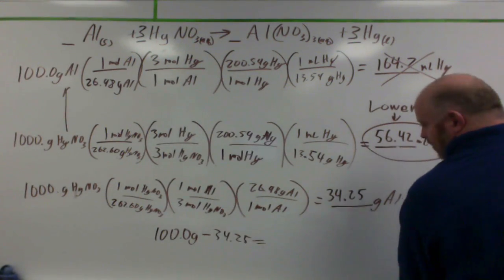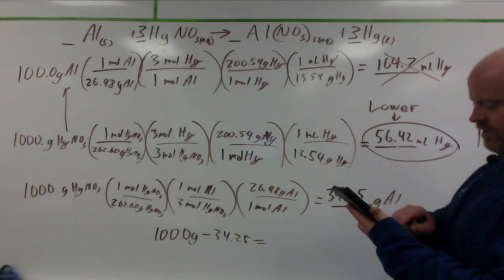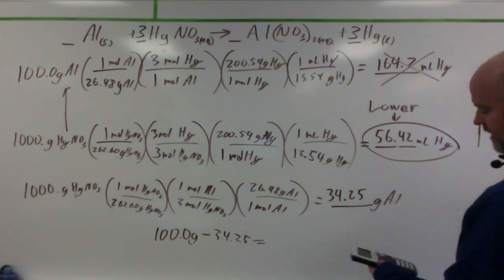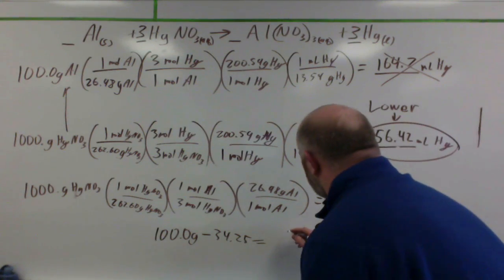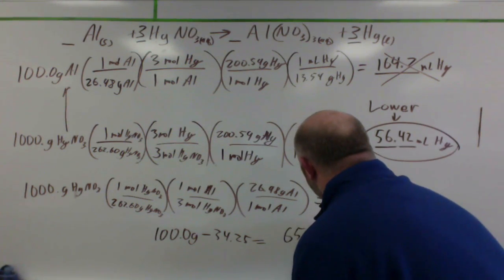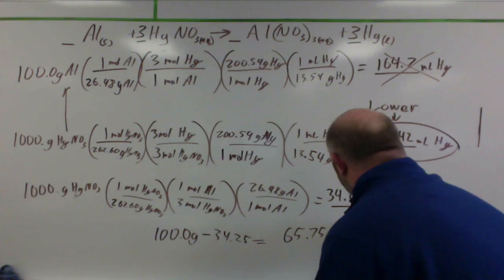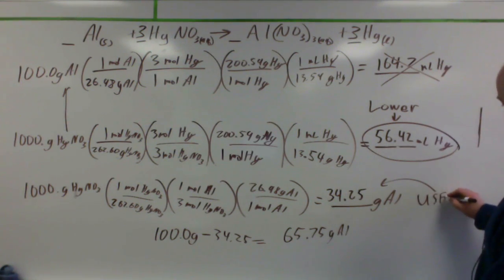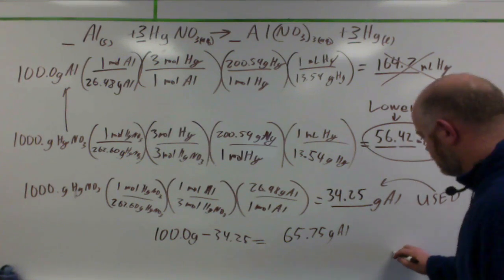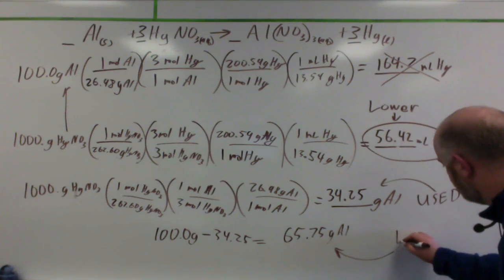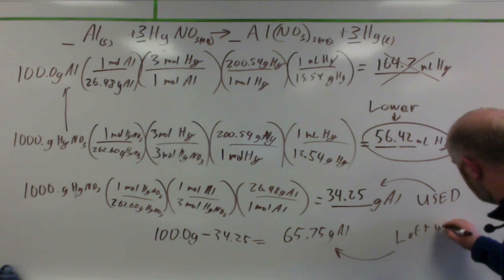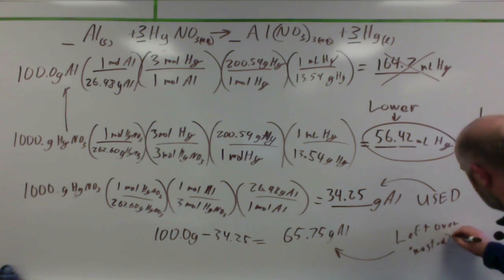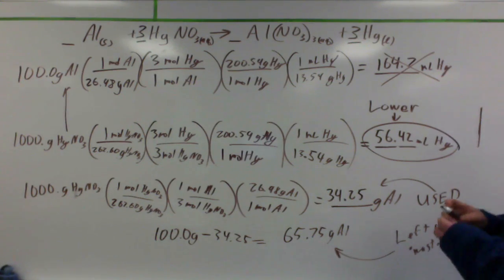So 100 minus 34.25, you probably could do that one in your head, but just to make sure, we get 65.75. Okay, so this is the aluminum used. This is the aluminum left over. Or sometimes we say it's the aluminum that was wasted in the process. Okay?